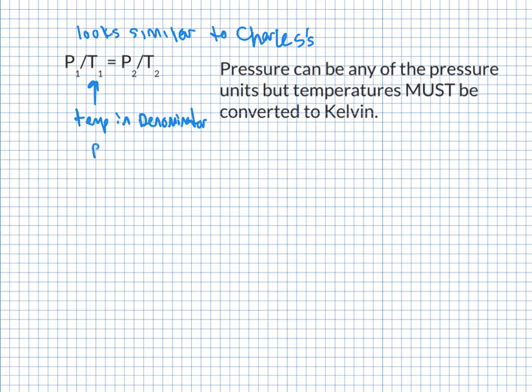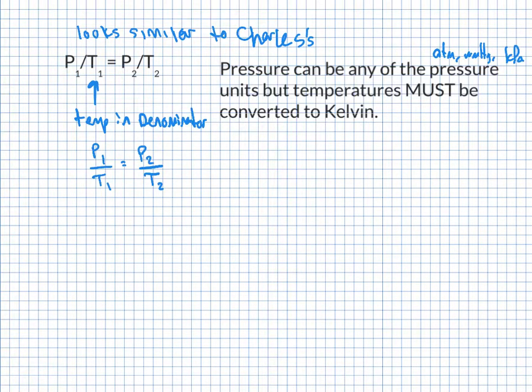So if we rewrite this as just a straight fraction, it's P1 over T1 equals P2 over T2. We just switched out the volumes in the numerators for pressures now. Just like in Boyle's law, pressure can be in any pressure unit. So again, we're going to see atm, millimeters of mercury, and kilopascals.